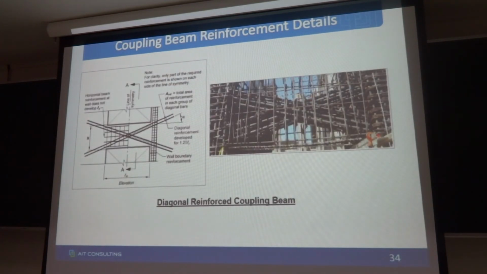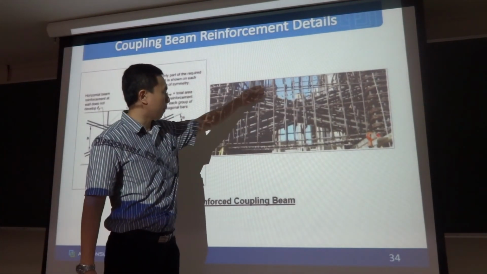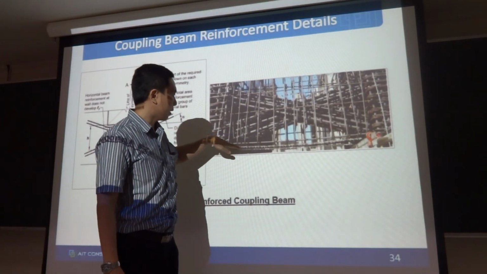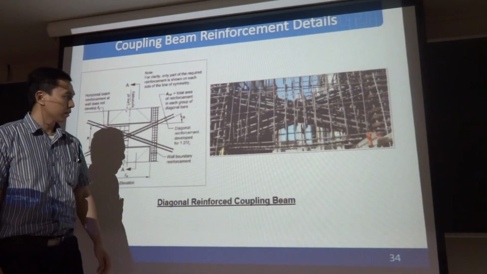This is for diagonal reinforced coupling beams. You need to design only for shear, no need to design for bending moment. The main reinforcement is this one, and this is just the minimum requirement. The stirrups and the longitudinal reinforcement are just for confinement only.